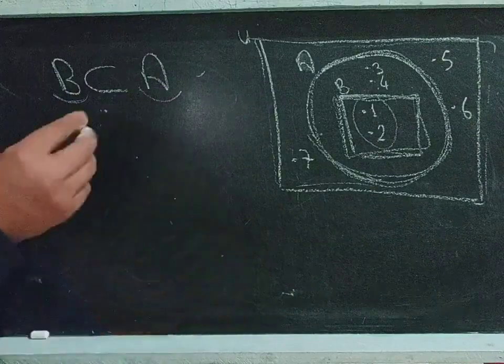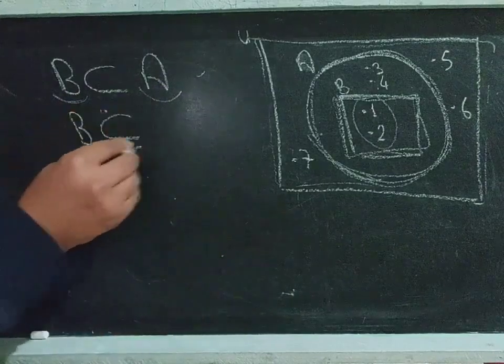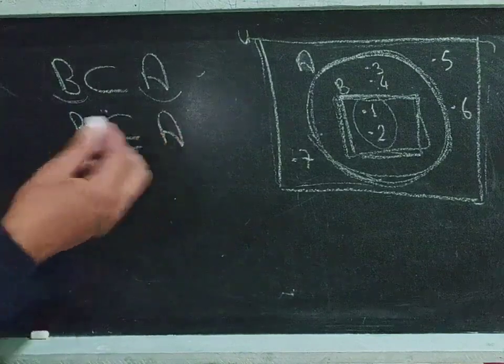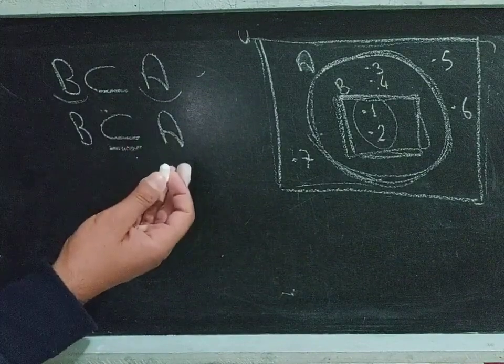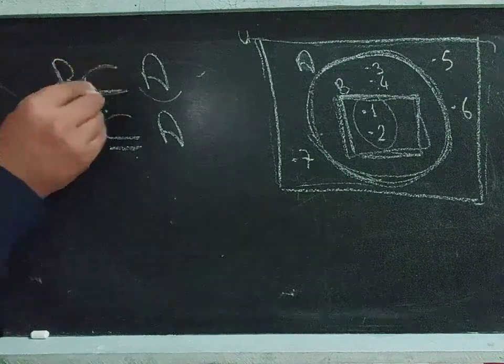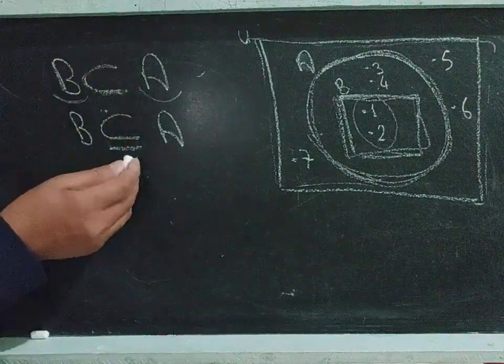So if there is something like this, this and this can be the same thing too. They can be the same. So this one is just a subset, and this one is a strict subset.